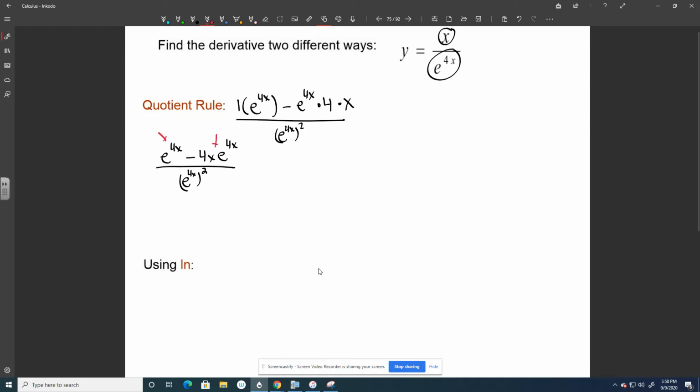This term does, and this term does. So I can actually reduce all of those by 1 e to the 4x. I can cancel 1 out. So this is going to cancel out and just become a 1 minus this e to the 4x is going to cancel out, and I just get 4x on top. And then on the bottom, because I canceled 1 on the top, I can cancel 1 on the bottom. So I end up with just e to the 4x. So that would be my y prime.